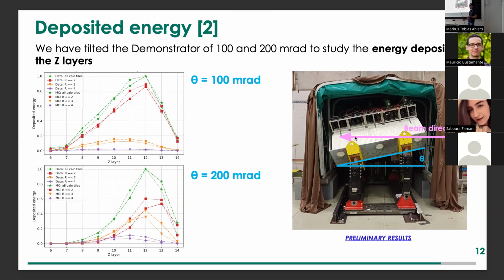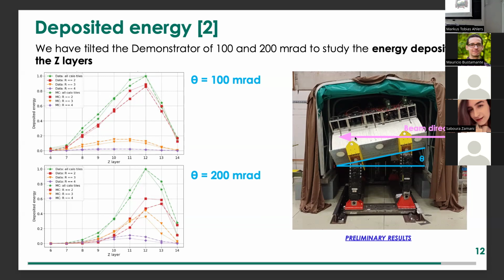The last thing that I wanted to show you is that we have also tilted our demonstrator with respect to the beam direction with a 100 and 200 milliradian tilting angle. And we can see that we can study the energy deposition through the Z layer, so in the beam direction. For example, with 100 millirad, the total is the green one, and the red one, which is only the first radial layer, is all here.